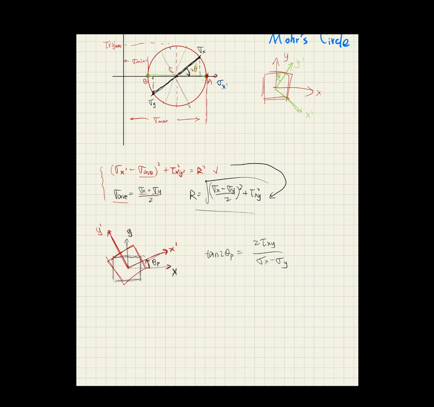On the graph, this should be sigma y, and sorry, sigma x should actually be here. And the shear stress should be tau xy. So given any original state, we can calculate how large an angle we should rotate to in order to get the maximum normal stress.